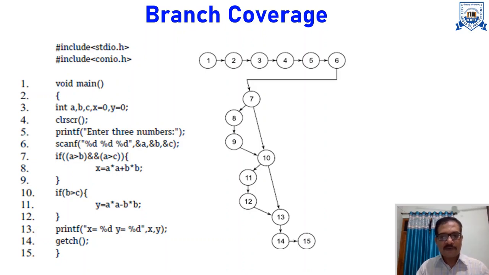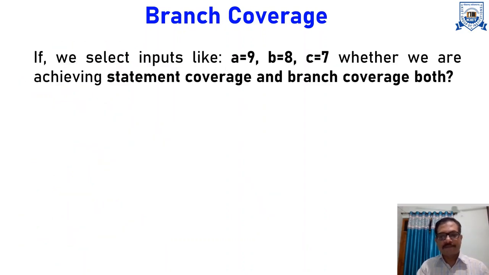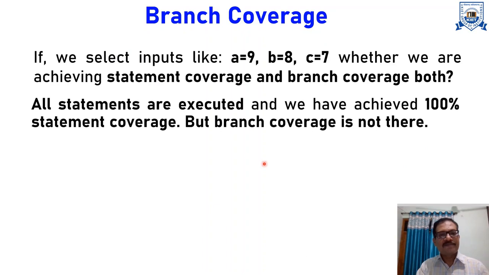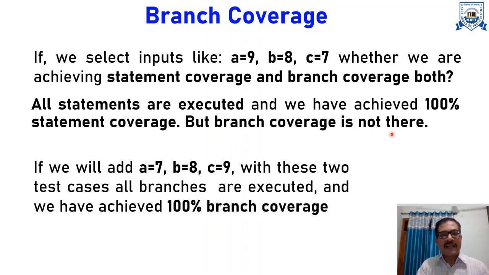Then what do I have to do? I have to add a new test case like a equals 7, b equals 8 and c equals 9. So with these two test cases, you see this is for the true path, which you have already seen, and with this value, a is greater than b now fails, so I am moving toward the false side.